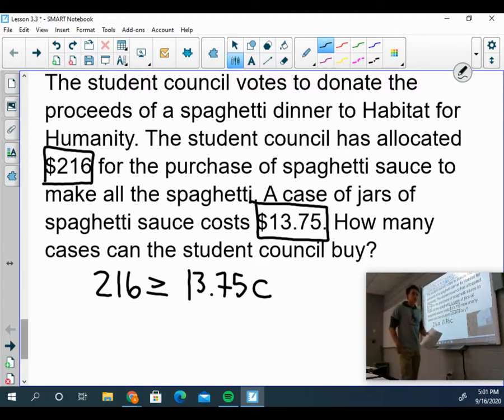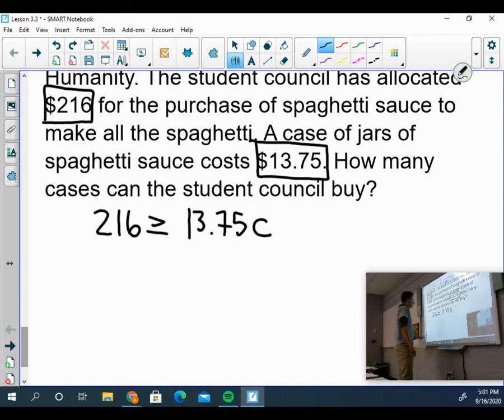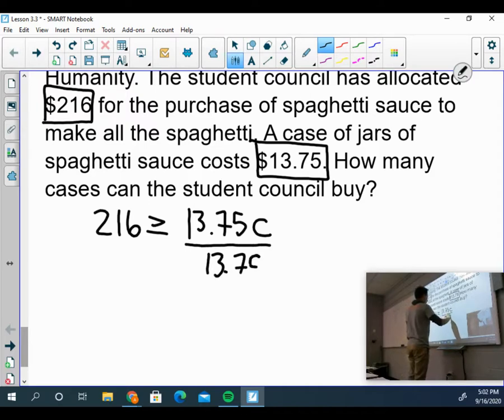Okay? So this is how you should set up the inequality. From there, we will go through and solve this. We obviously want to get the variable by itself, so we will divide by $13.75, since that's what's attached to the variable.